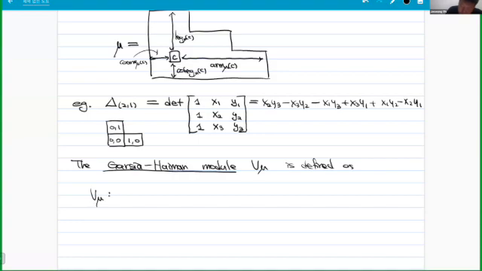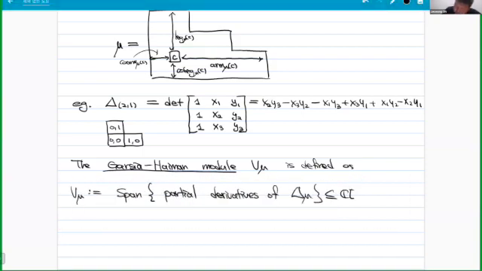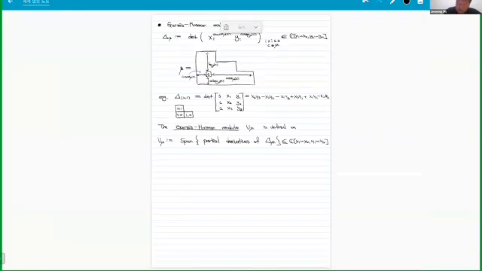So V mu is the span of partial derivatives with respect to x1 through xn and y1 through yn of the polynomial delta sub mu, inside the polynomial ring of 2n variables. Okay, so let me give you an example.